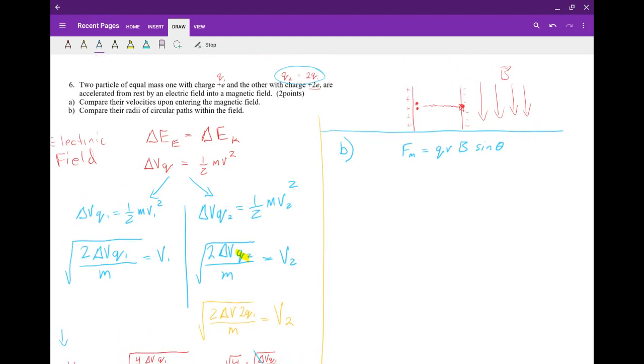And I'm going to just make the assumption that this is going in at 90 degrees, or it doesn't even matter what angle it's going in, because in the end this sine theta is going to cancel because it's going into the same field.